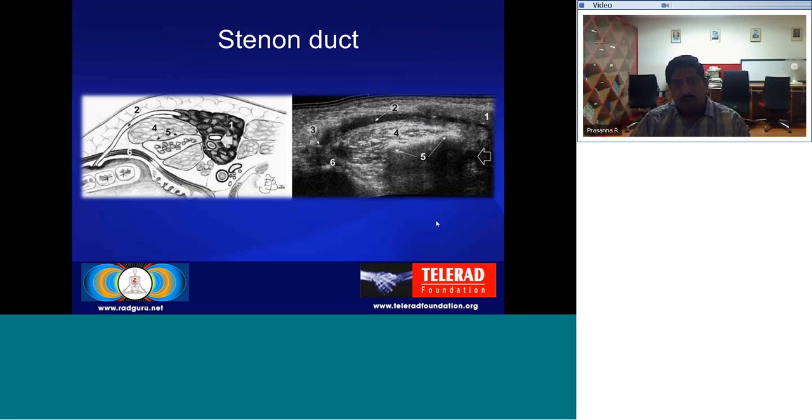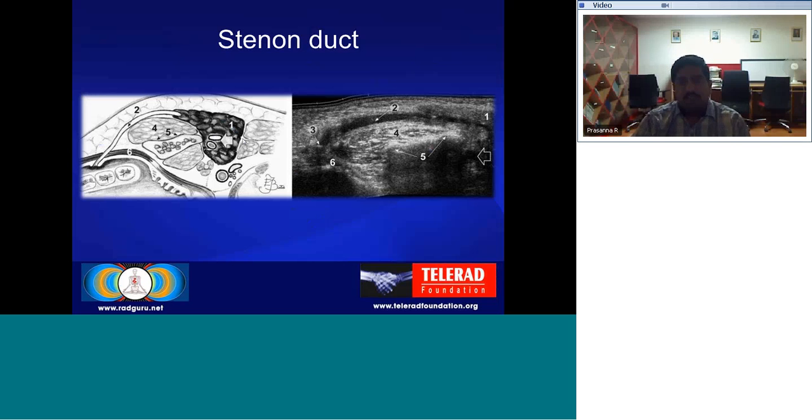And it's important to know about the anatomy of the Stenson duct, because we know that one of the common indications for the ultrasound would be to rule out sialolithiasis. So this is a pictorial demonstration and also the actual image, a panoramic view, which shows the parotid gland and the duct, which is somewhere around 3 to 5 centimeters.